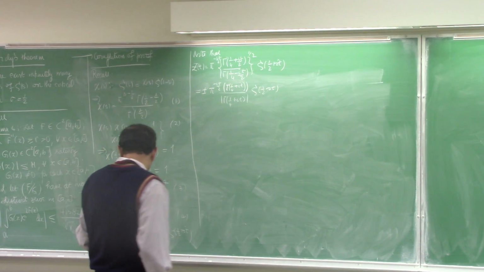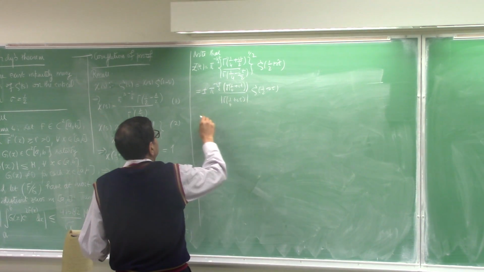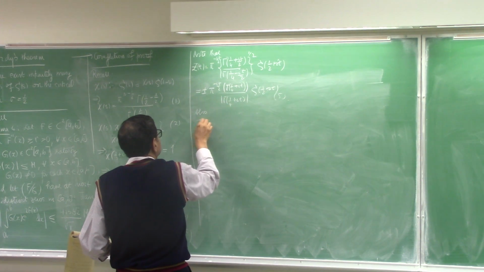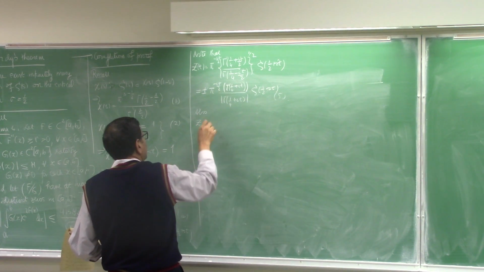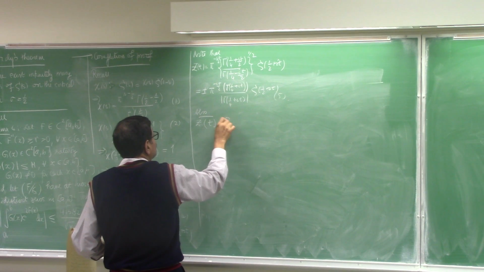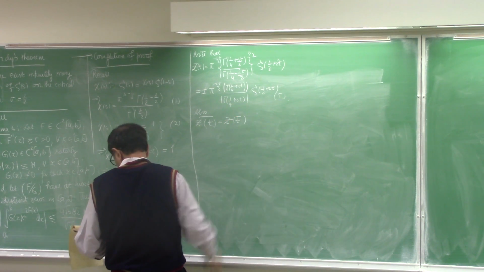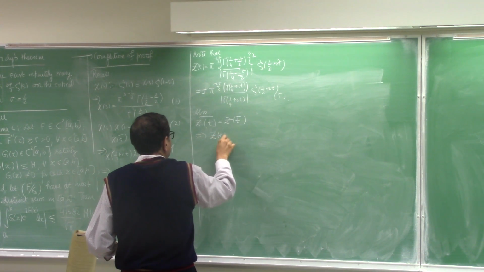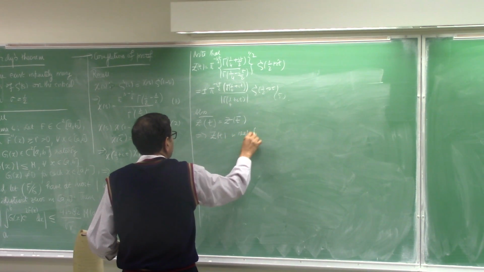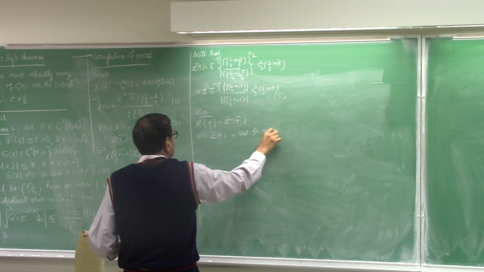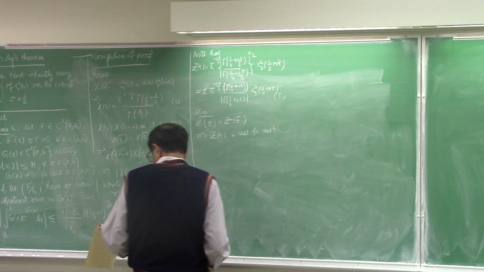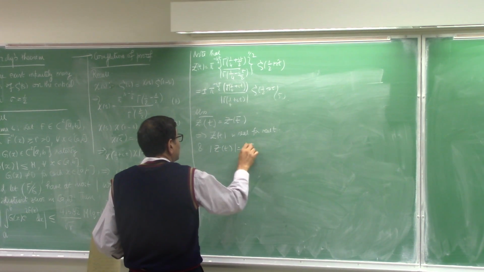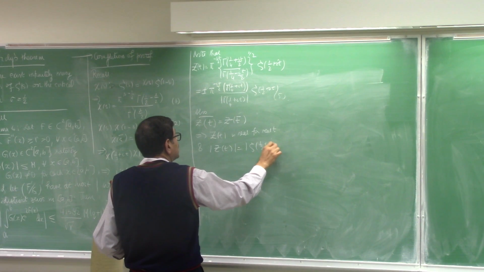All right, now the other thing is, so this is equation 5. Also, Z(t) bar equals Z(t), which implies Z(t) is real for real t. Not only that, the absolute value of Z(t) is the absolute value of zeta(1/2 plus it).